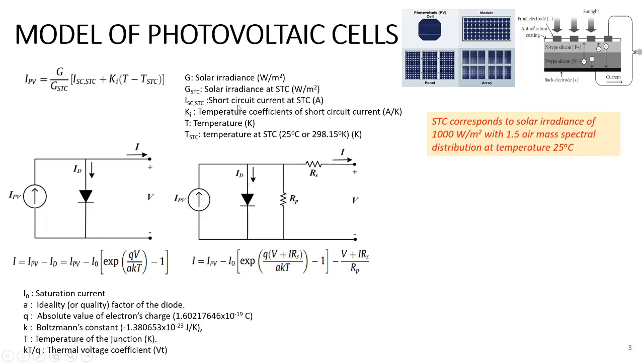Accordingly, we may develop the PV equivalent current source diagram as shown in the diagrams below. On the left hand side, this is the ideal equivalent diagram, while on the right hand side, we call this the practical diagram of the PV.